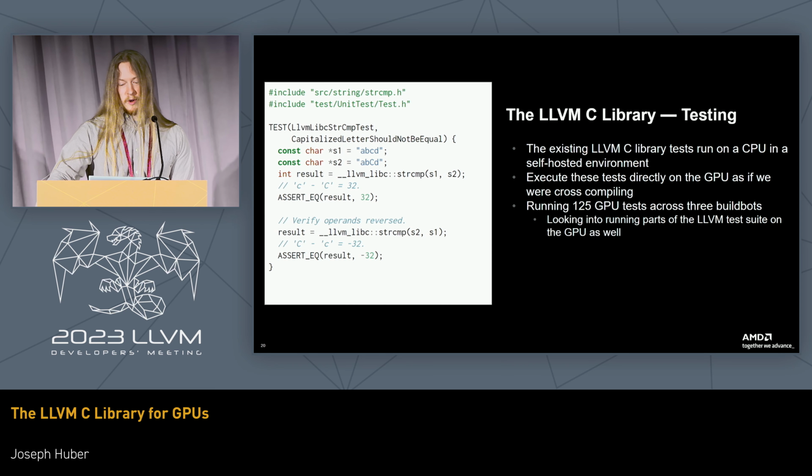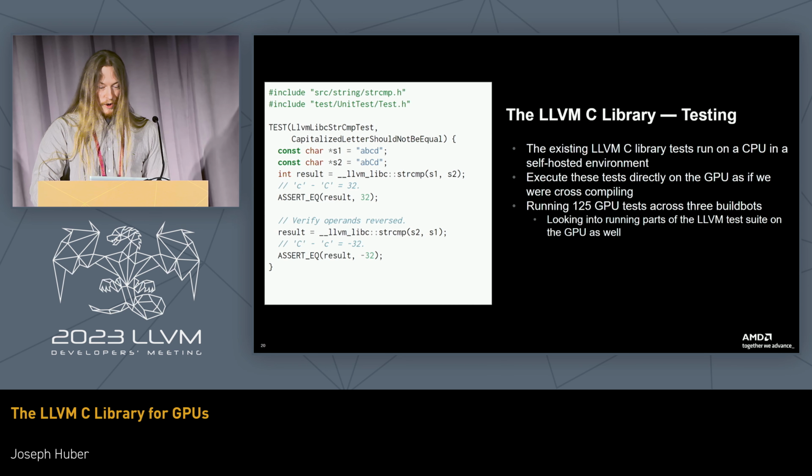But the interesting thing is that the LLVM libc test suite is completely self-hosted, so you can execute it with purely things that are built in the repository. That's really useful for putting it on the GPU, because then we can just compile all of that stuff in libc for the GPU, use the infrastructure I just talked about, and compile a test on the GPU.